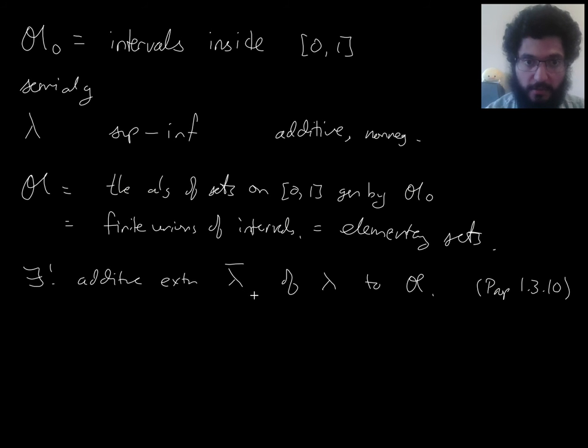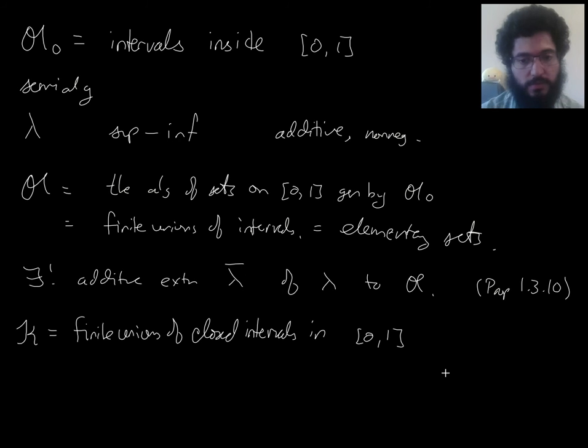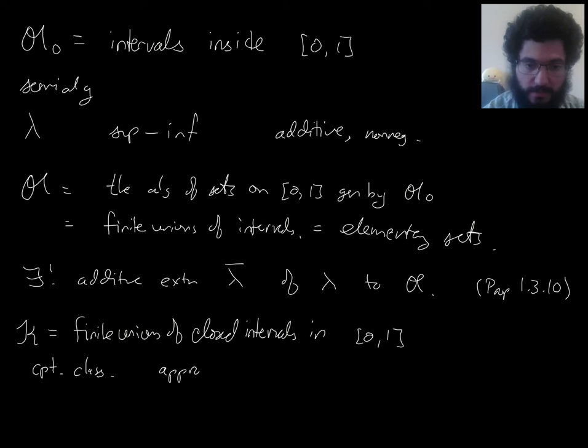Then we wanted countable additivity for lambda bar. So we said let fancy K be the collection of finite unions of closed intervals inside the unit interval. Then we observe, hey, K is a compact class, and also it's an approximating class for lambda bar.